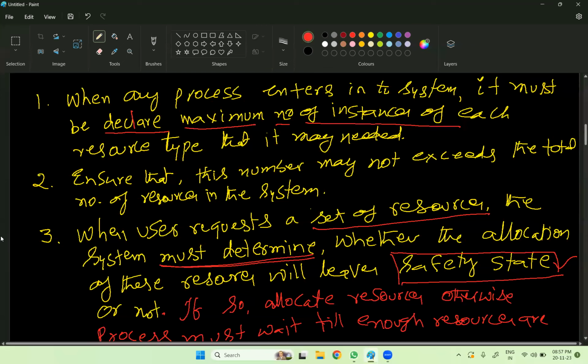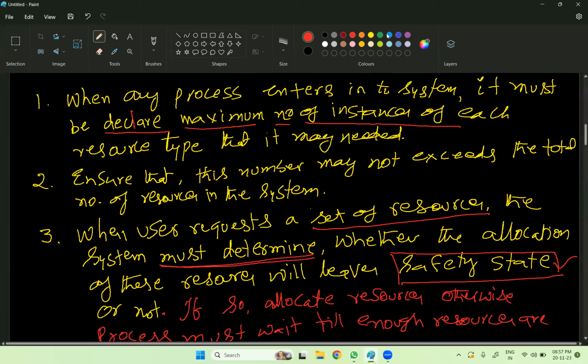So far, so good. Now, at this point, the execution has started and a requisition is made by the process. If this requisition leaves the system in a safe state, no problem, it can be allocated immediately.